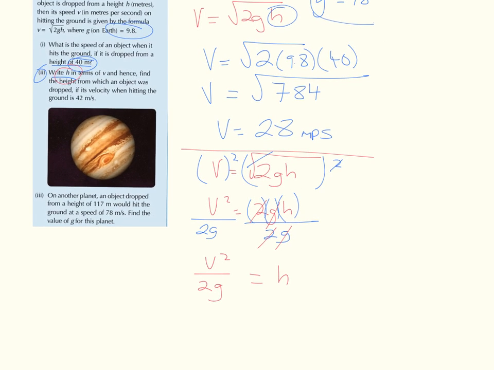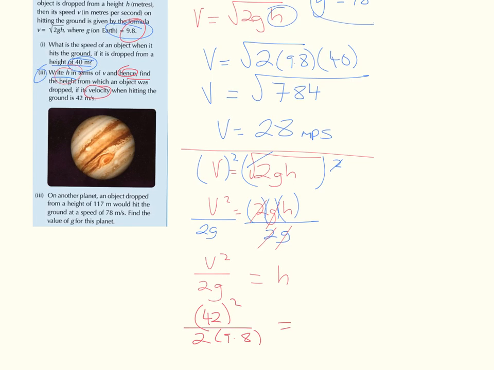The second part of that question, they said hence. So another word for hence is once you've done this, find the height of an object if it was dropped, if the velocity when hitting the ground was 42. So they told you that the velocity now is 42 meters per second, which means I'll be filling in 42 here, all squared, all over 2g, where g was 9.8, so 2 times 9.8.